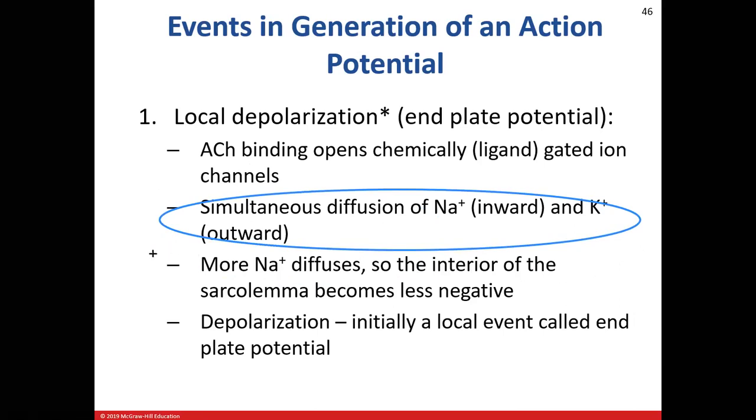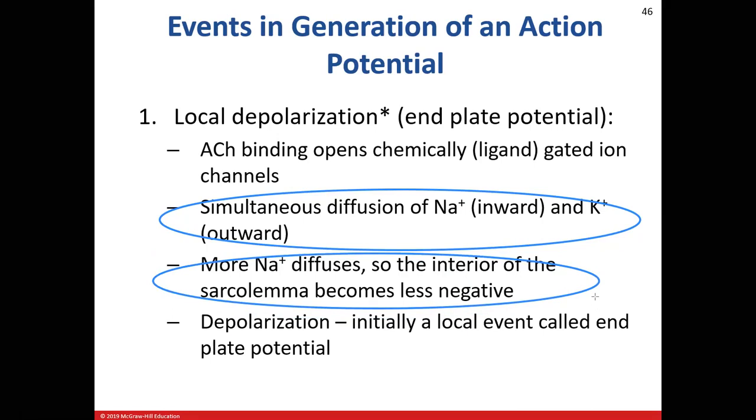Make note that, again, we said this before, there's more sodium that diffuses in. So the interior of that cell and the sarcolemma becomes less negative, or what we would call more positive. This then is a depolarization, and the depolarization is initially a local event called an end plate potential. So again, locally at this particular location, it's called an end plate potential.